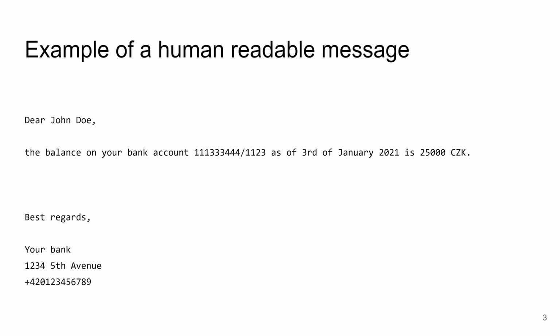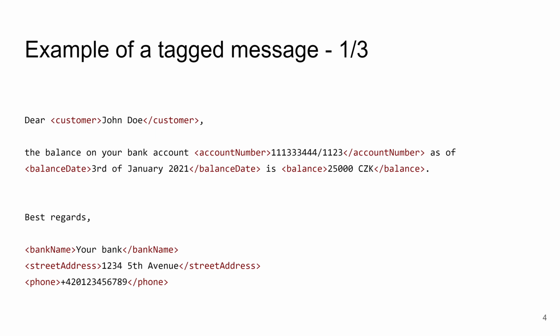So what we can do, we can point out those pieces of the human readable message which contain the data, which contain the machine readable or machine processable pieces of information. Like this. We will denote the name of the person, the account number, the balance date and the balance, and then the address of the bank and the phone number and so on.